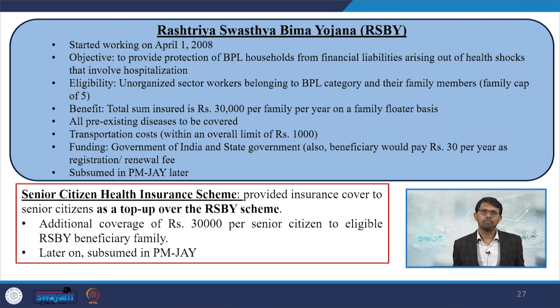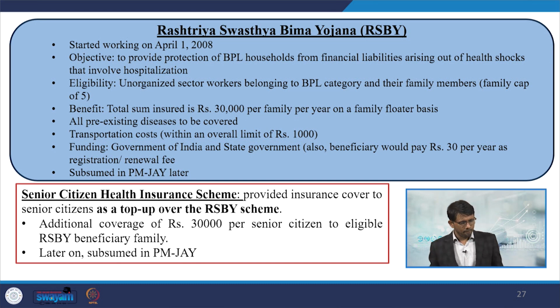Usually the family cap is restricted to 5. The total benefit was 30,000 rupees per family per year on a family floater basis. All pre-existing diseases are covered, and transportation cost is also covered within limit, at 1,000 rupees, as part of this Bima Yojana.